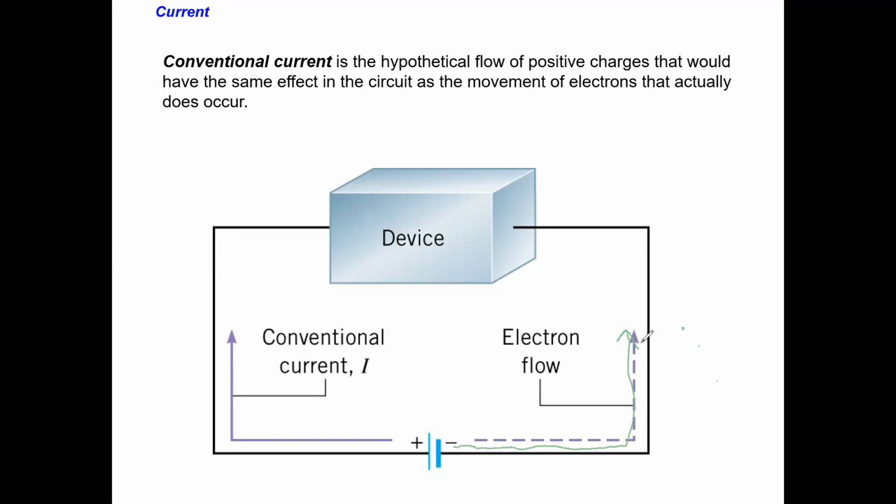Unfortunately, due to a little history from Benjamin Franklin, we model our flowing current as if it's positive charges flowing rather than negative charges. So we'll typically use imaginary positive charges and visualize current that way. That's the direction of what's called conventional current.